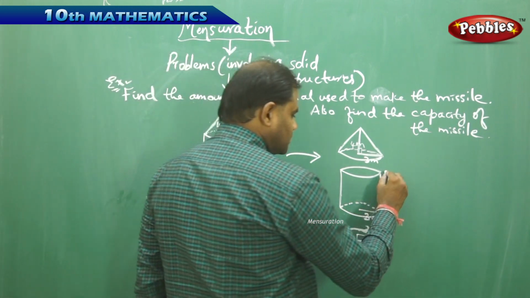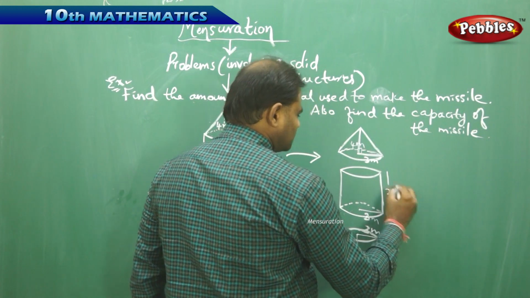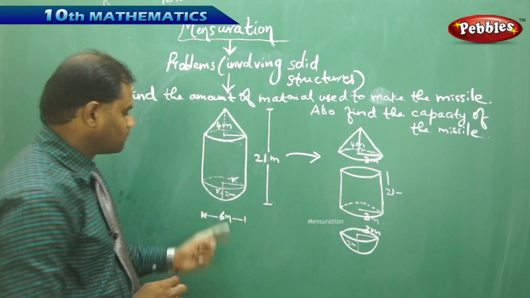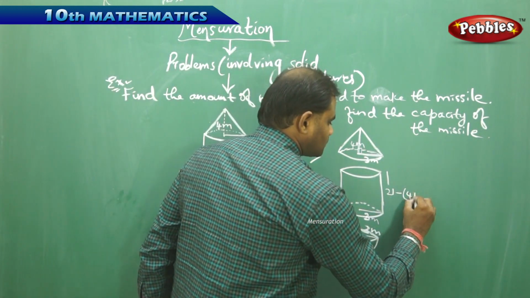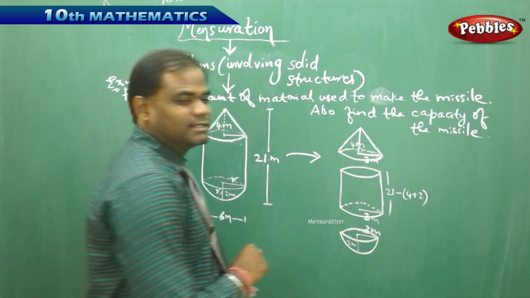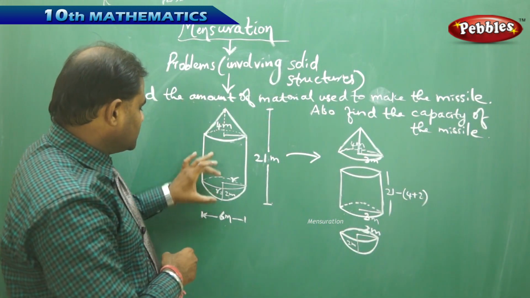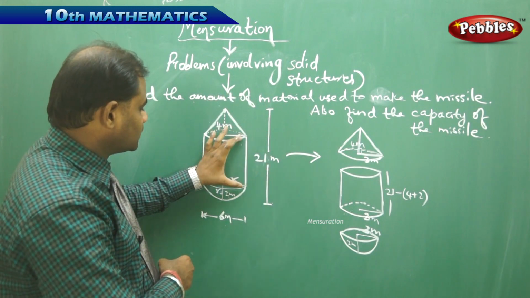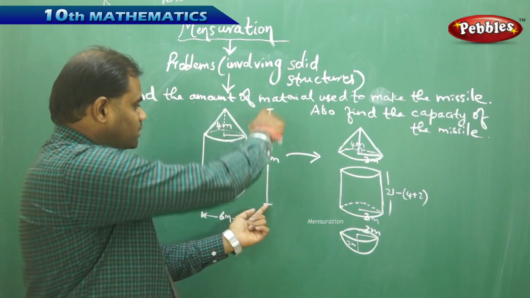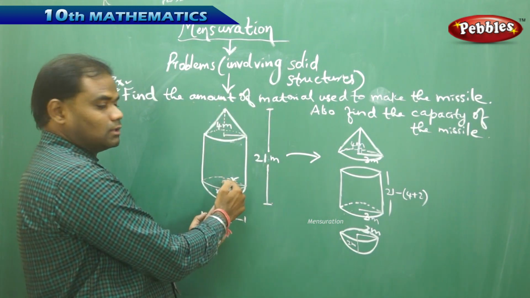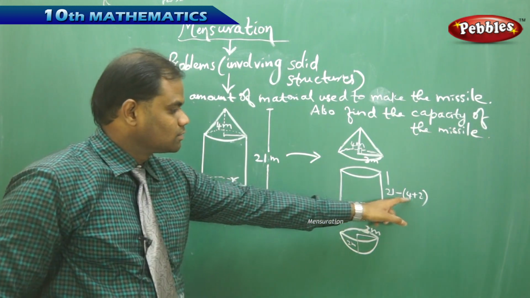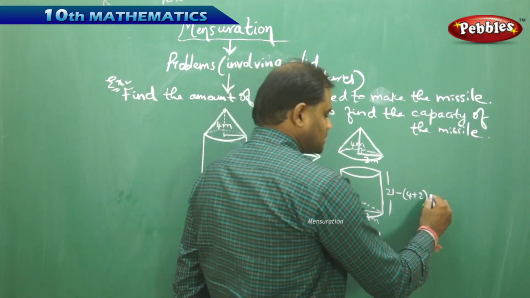Therefore, the height of the cylinder is 21 minus 4 plus 2. This added together and subtracted from 21 gives me the height of the cylinder. Therefore, 21 minus 4 plus 2 gives me 21 minus 6.